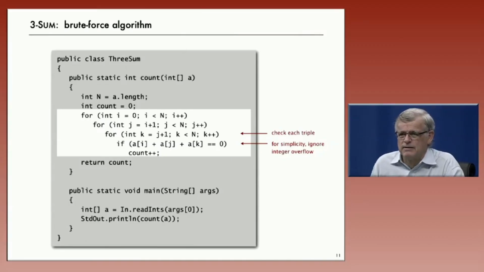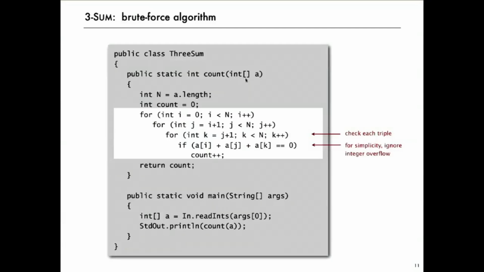It's got a static method count that takes an integer array as argument. N is the number of integers, the length of the array. We'll start with a variable count equals 0, and then a triple for loop that checks each triple i, j, k.